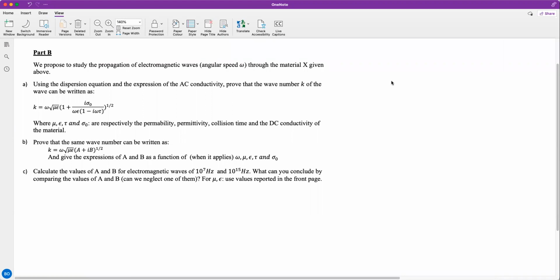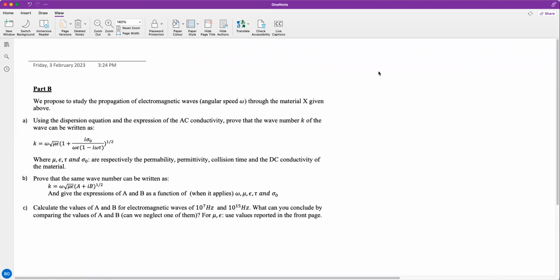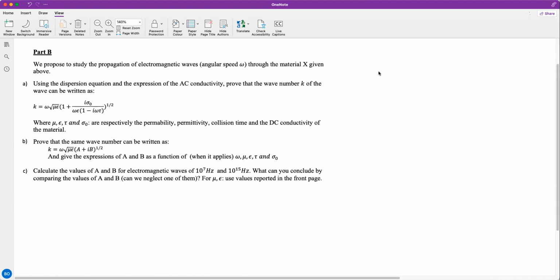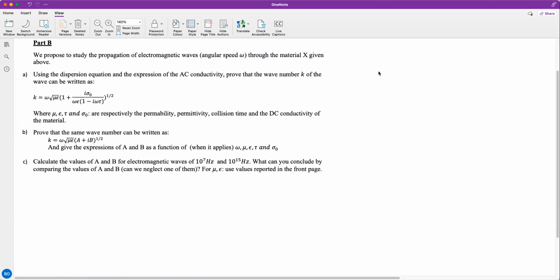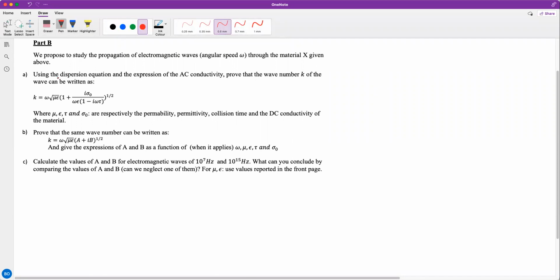Okay, so now we have the same material as above. Remember, for this material, we found the mobility, the conductivity, and also the electron density, etc. So the first question is, using the dispersion equation and the expression of the AC conductivity, prove that the wave number K of the wave can be written as.